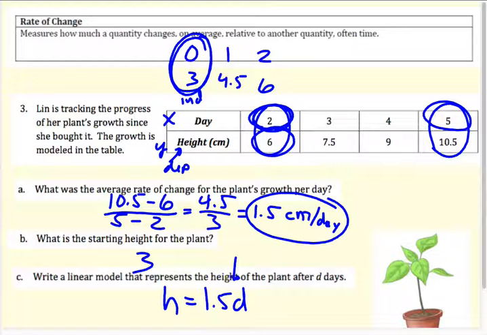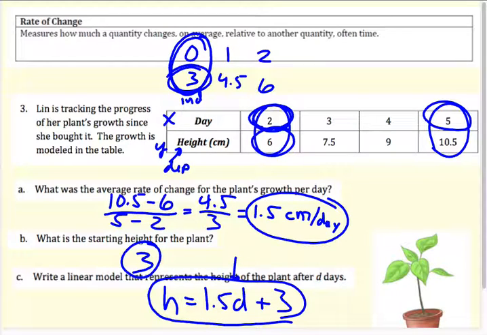When I plug 2 in for D, 2 times 1.5 is 3. I'm missing 3 centimeters. Oh, that's this 3 right here, the original that we started out with. So I have to add 3 onto it. So the height equals 1.5 times the number of days plus 3 from the original starting point where they started measuring the plant.